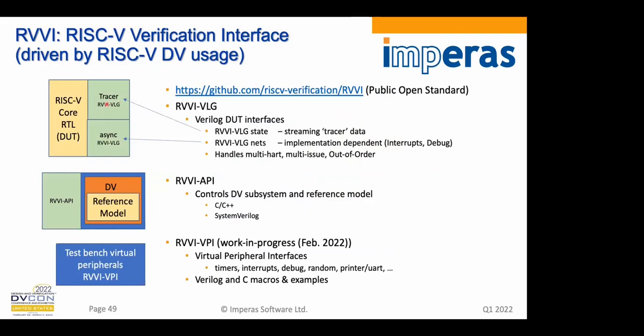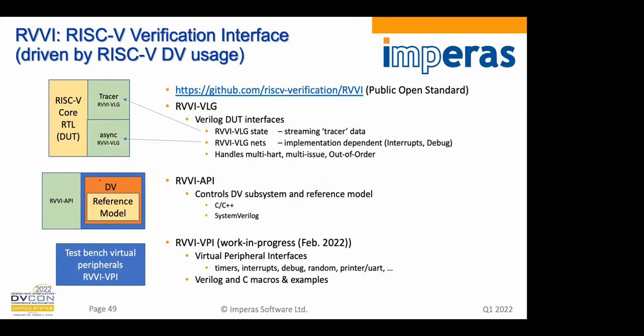You need the trace data, but also the asynchronous stuff from the nets and other control things. So there are really two parts of this RVVI Verilog, the state and the nets. In its form, it provides streaming trace data, but also can handle multi-hart, multi-issue, out-of-order things. And there's a specification of this on GitHub, RISC-V verification RVVI.